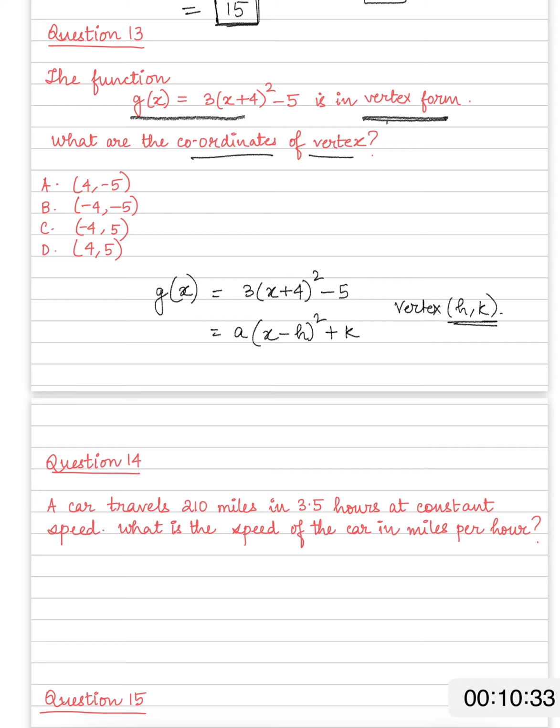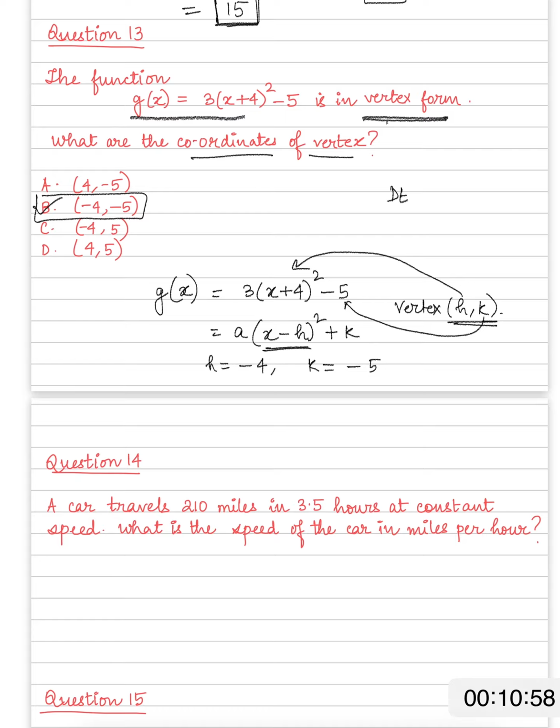Now if you notice it very carefully, this is in the same form, just we have to take care of the signs. Okay, so if it is x minus h whole square plus k, then h is minus 4 and k is minus 5, isn't it? So option B will give us the correct choice for this question.